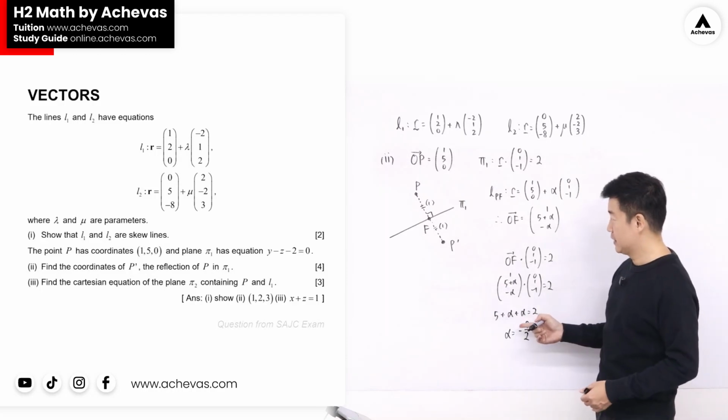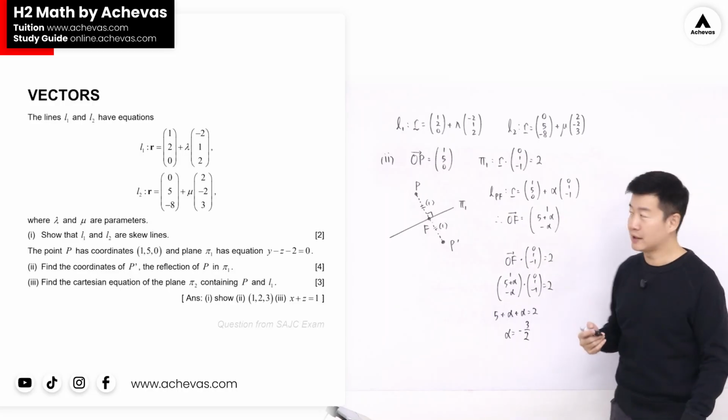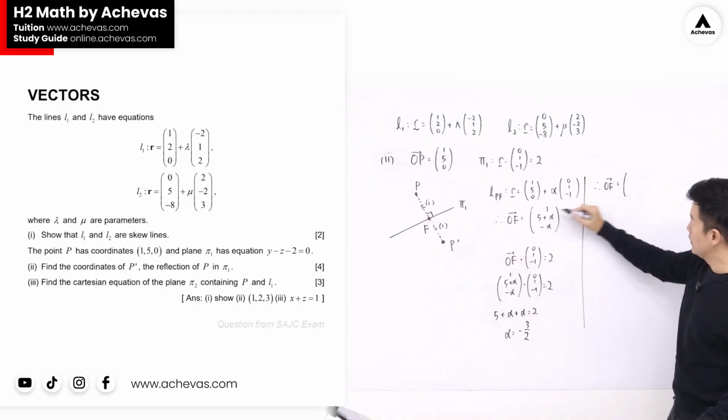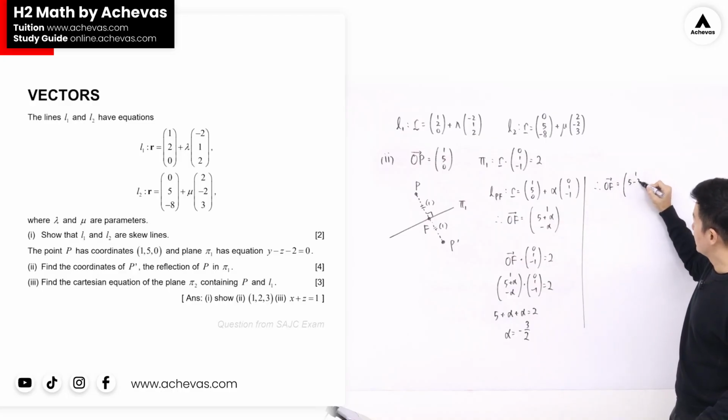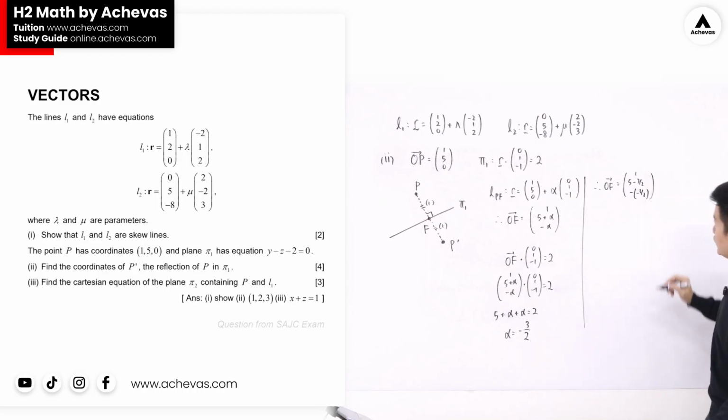So alpha is this, which means that I can substitute this alpha back into here to find the position vector of F. So if I were to continue, therefore OF is going to be equal to (1, 5 - 3/2, -3/2), replacing alpha by minus 3 over 2. So OF is going to be equal to (1, 7/2, 3/2).